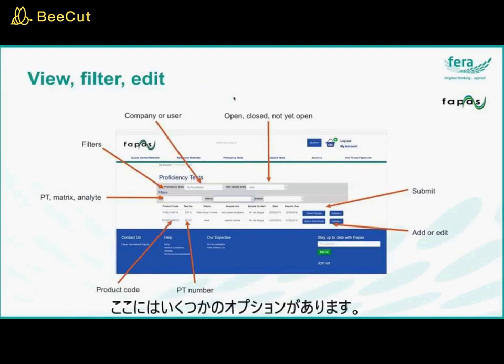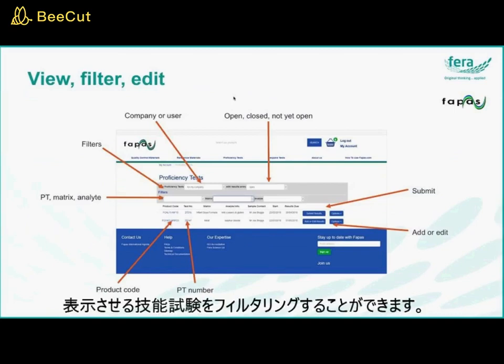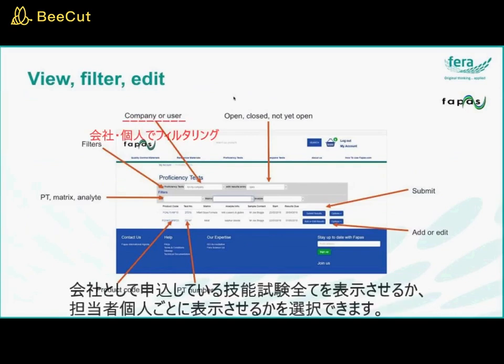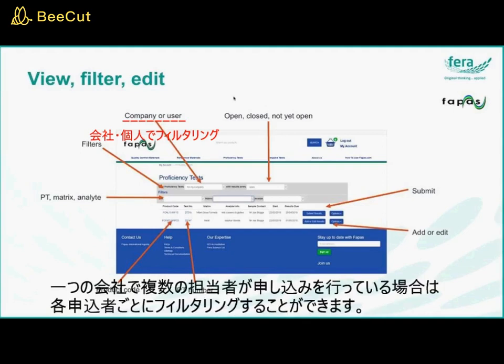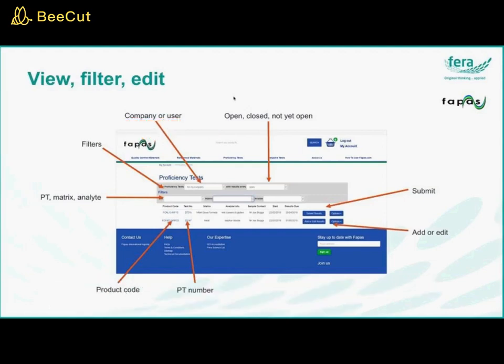There is a number of options here for you. So there is a section on filtering, so you can filter by the company or the individual user of the website. So we recognize that companies will have several people who might want to access the secure pages.